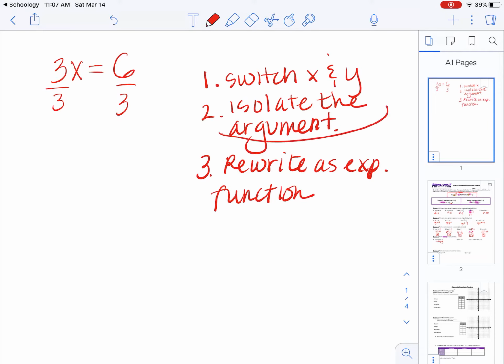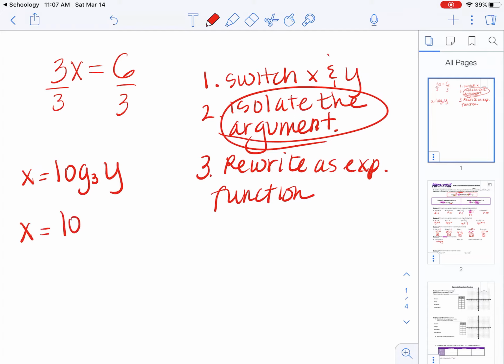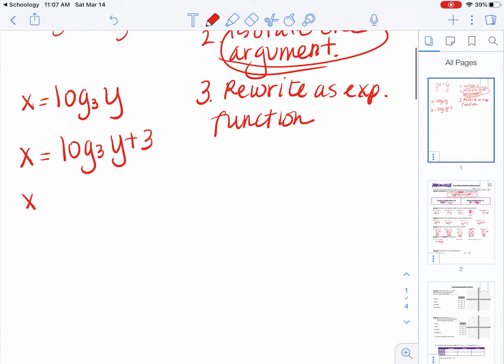So this part right here, isolate the argument. Remember what the argument is. It's what's next to the log base whatever. So for example, I'm going to give you examples of a non-isolated argument and an isolated argument. These would already be switched x and y. So let's do x equals log base 3 of y, versus x equals log base 3 of (y plus 3), versus x equals log base 3 of y, plus 3.